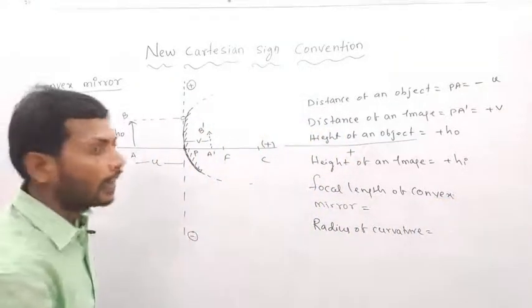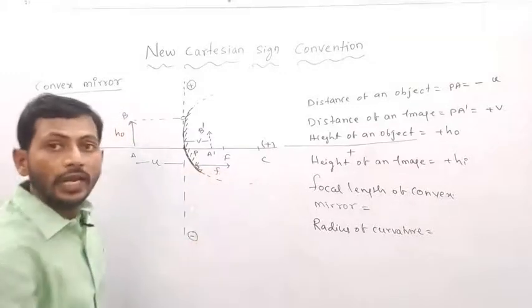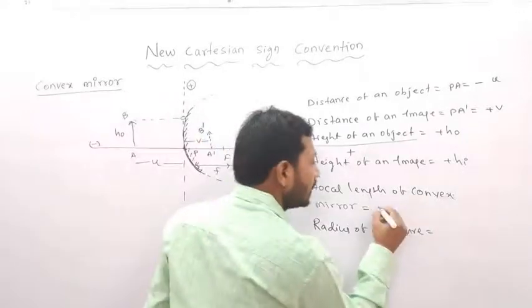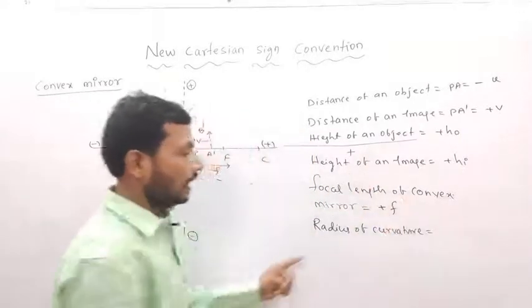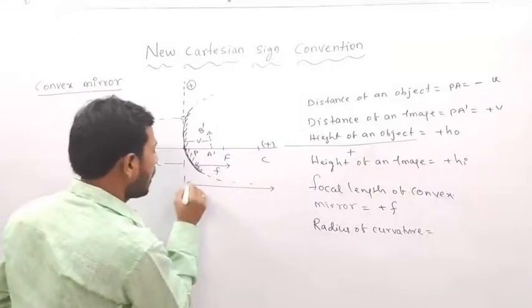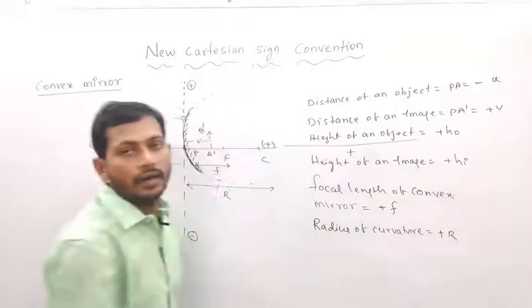Which side is the focus? This side is the focus. So is it positive or negative? This is the right side sir, positive side sir. That's why it is plus f. And radius of curvature is also on the right side sir. That's why I am keeping here plus R.